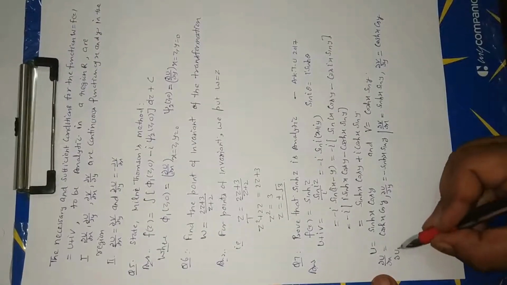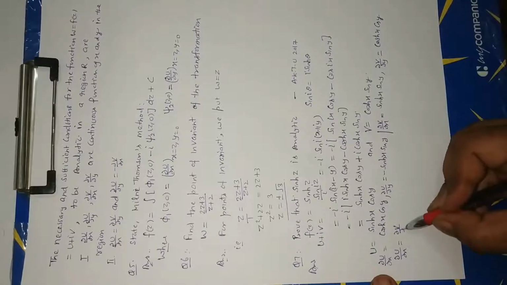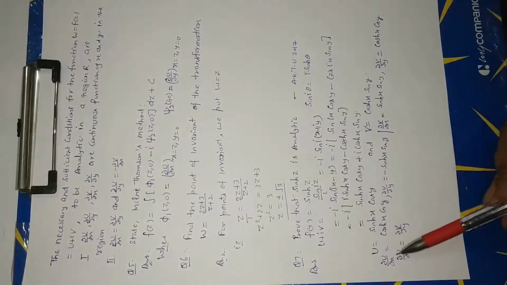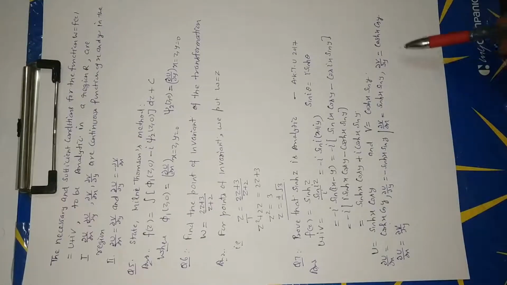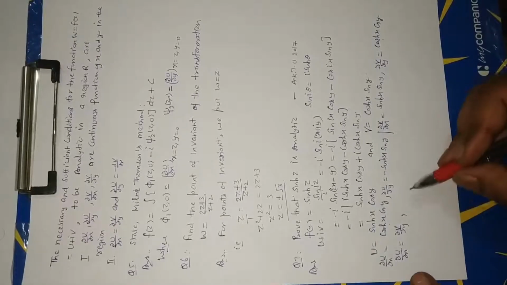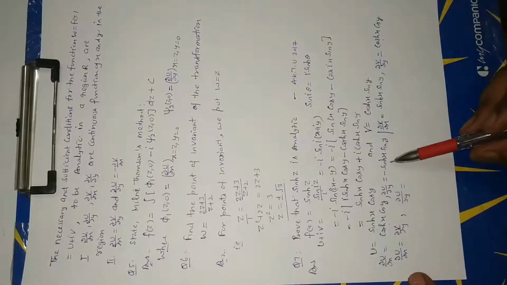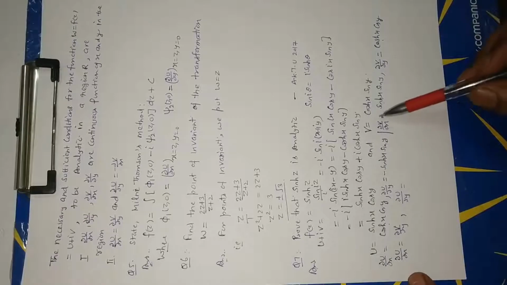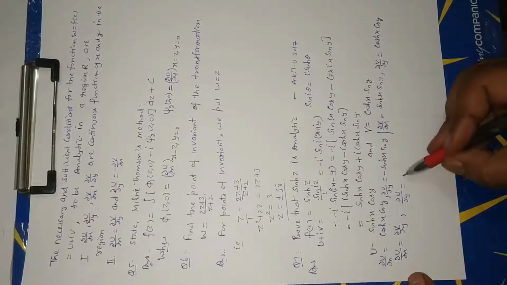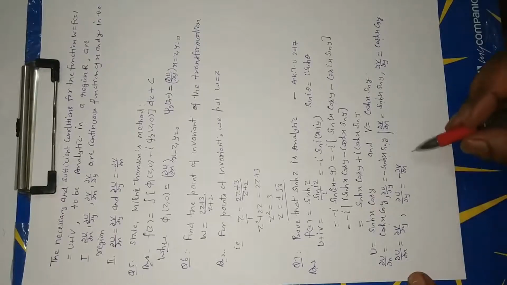Now we get ∂u/∂x = ∂v/∂y, the value of ∂u/∂x is cosh x cos y and ∂v/∂y is cosh x cos y. Now the value of ∂u/∂y is -sinh x sin y, and the value of ∂v/∂x is sinh x sin y, so ∂u/∂y = -∂v/∂x. These are the CR equations.